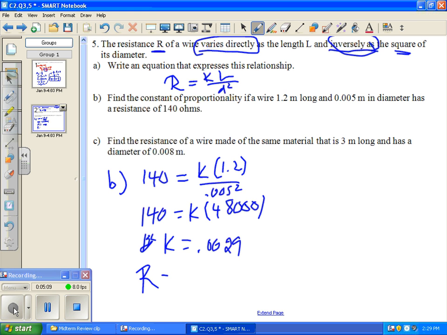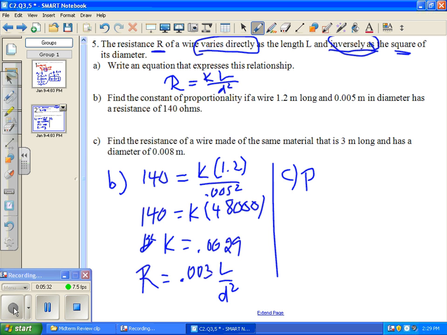R equals, and I'm just going to write it as, 0.003 L over d squared.